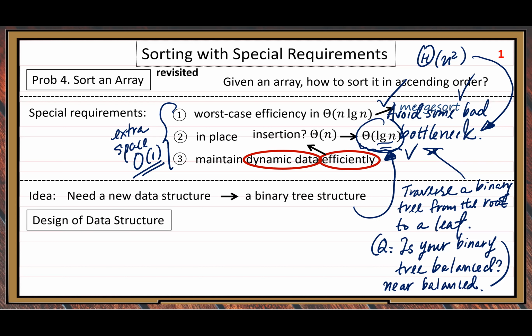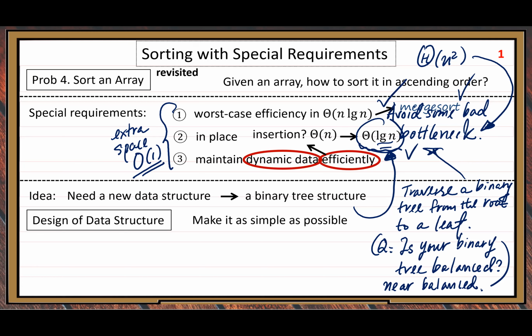All right, design of data structure. This time, make it as simple as possible. We have some options in our design of data structure, but when we have options, we want to choose a relatively simple data structure.